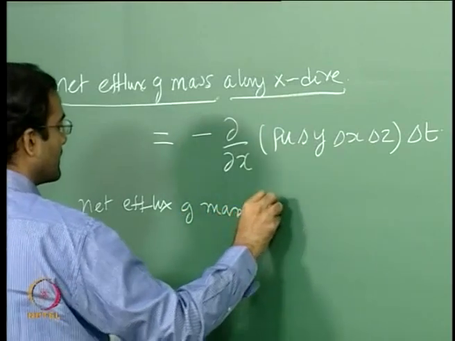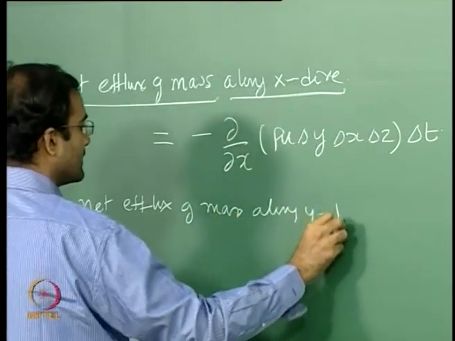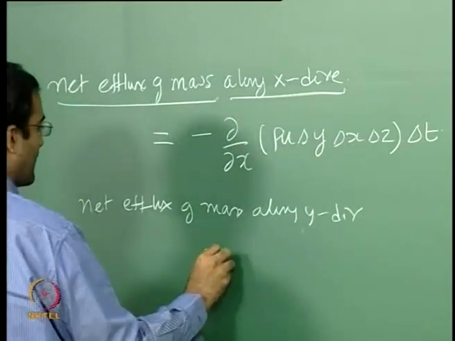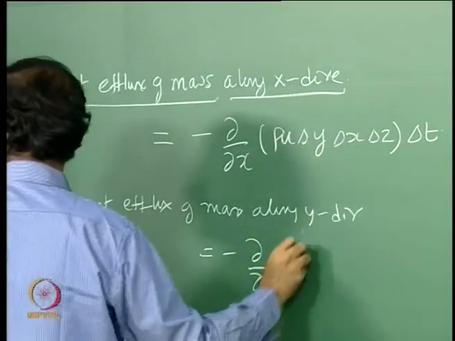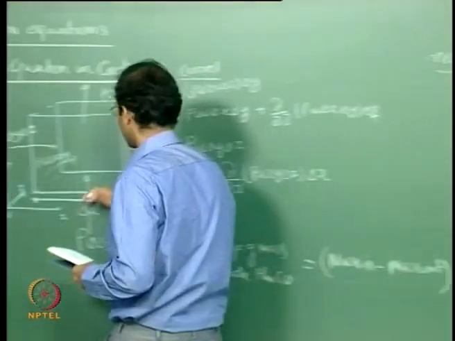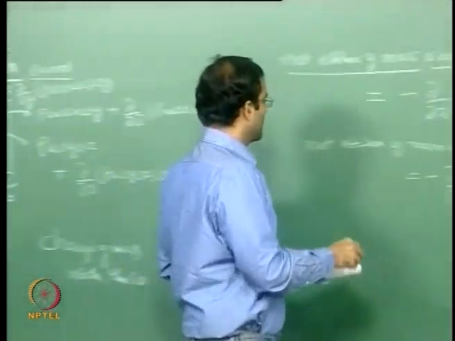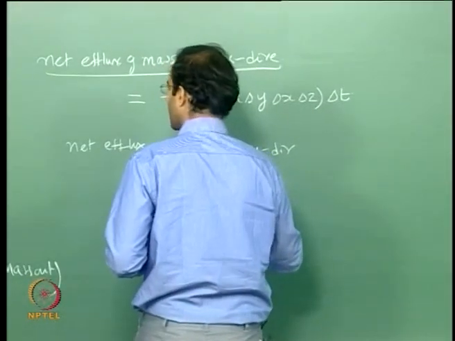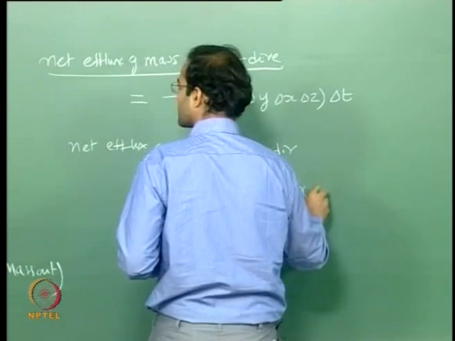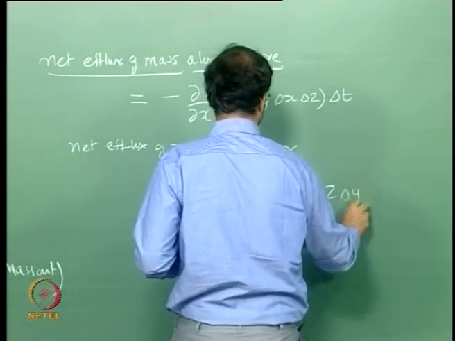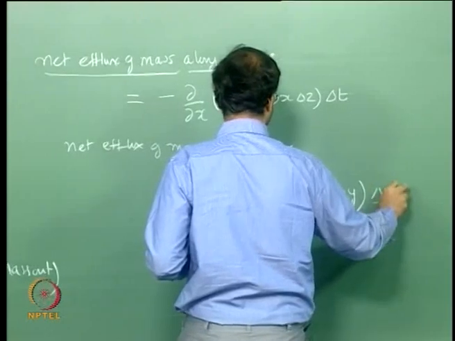Similarly, you can write down the expressions for the net mass which is leaving in the other directions as well. So along the y direction, you have minus d by dy. So you have mass coming in minus the mass which is leaving, which is rho v delta x delta z delta y into delta t, which will give me the mass.